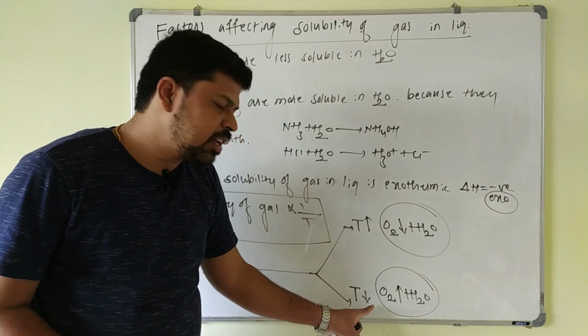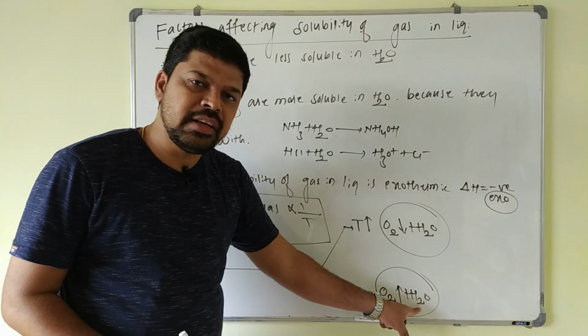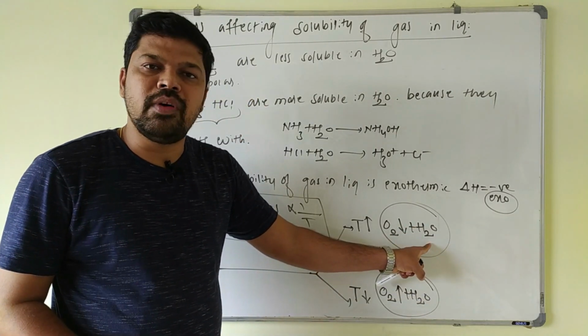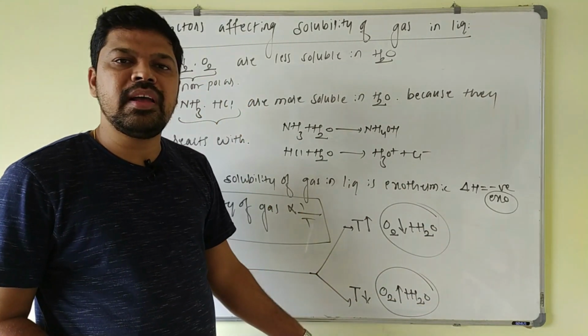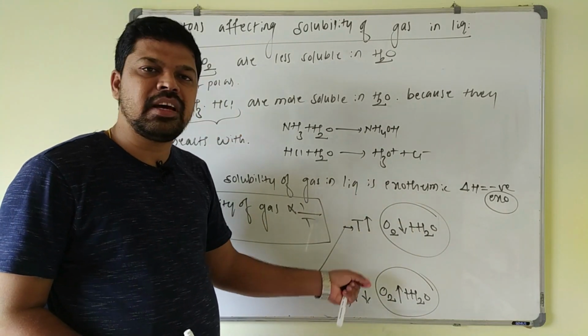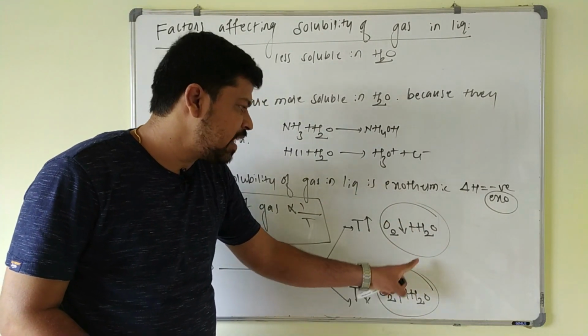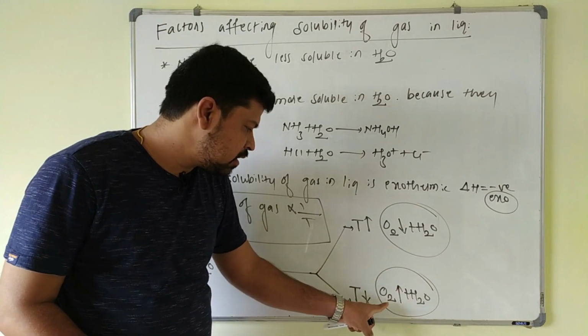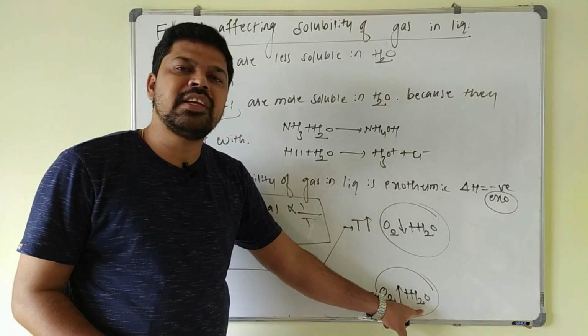That's why in cold water, more dissolved oxygen is available as compared to warm water. This is the reason why aquatic species are more comfortable in cold water as compared to warm water, because in cold water more dissolved oxygen is present here.